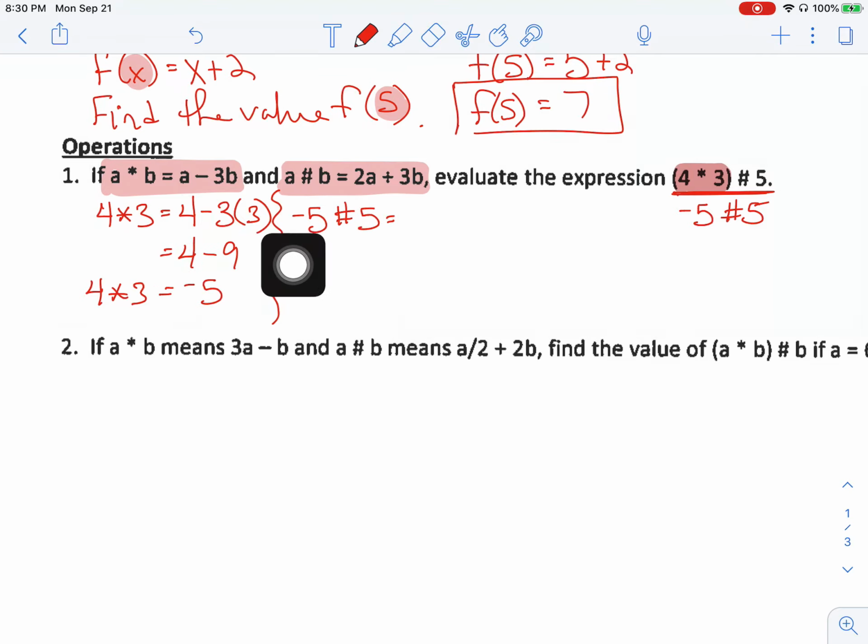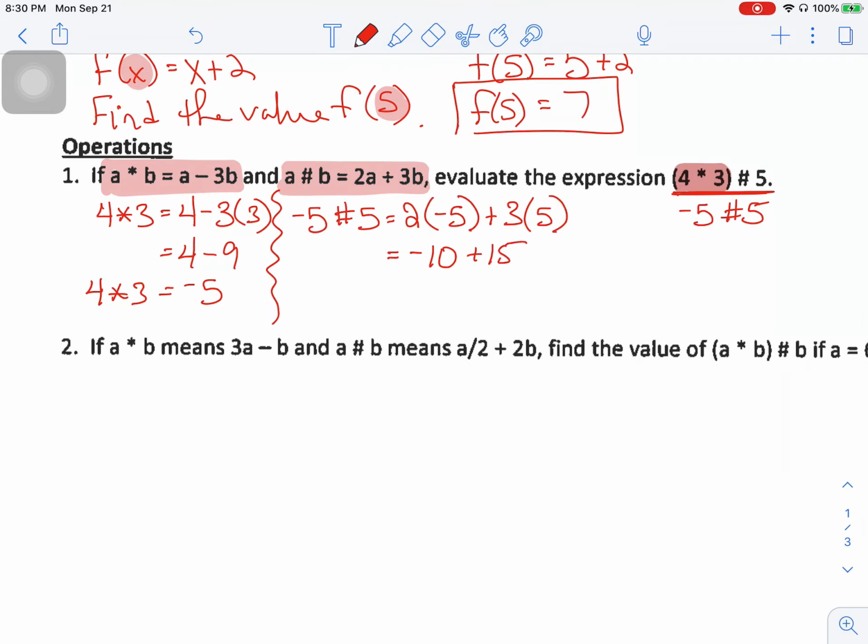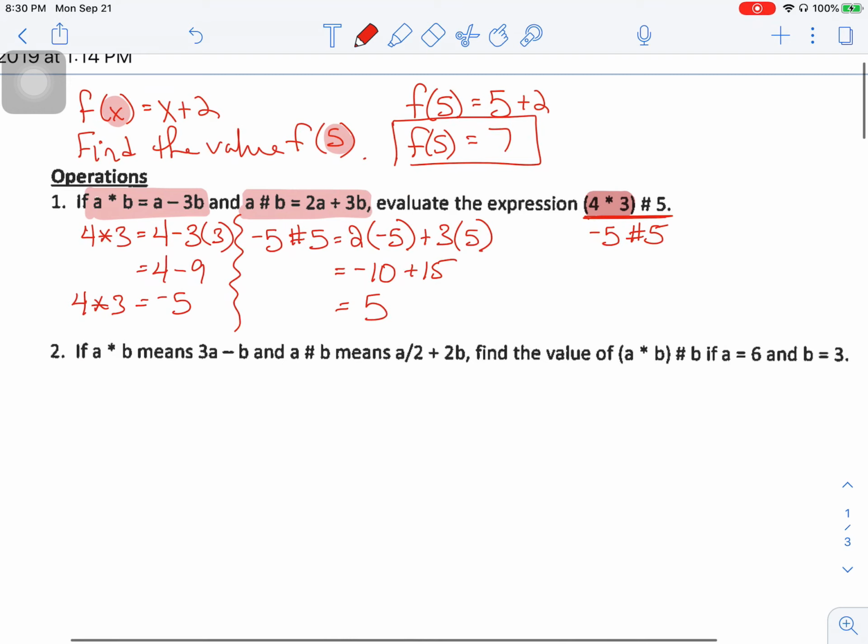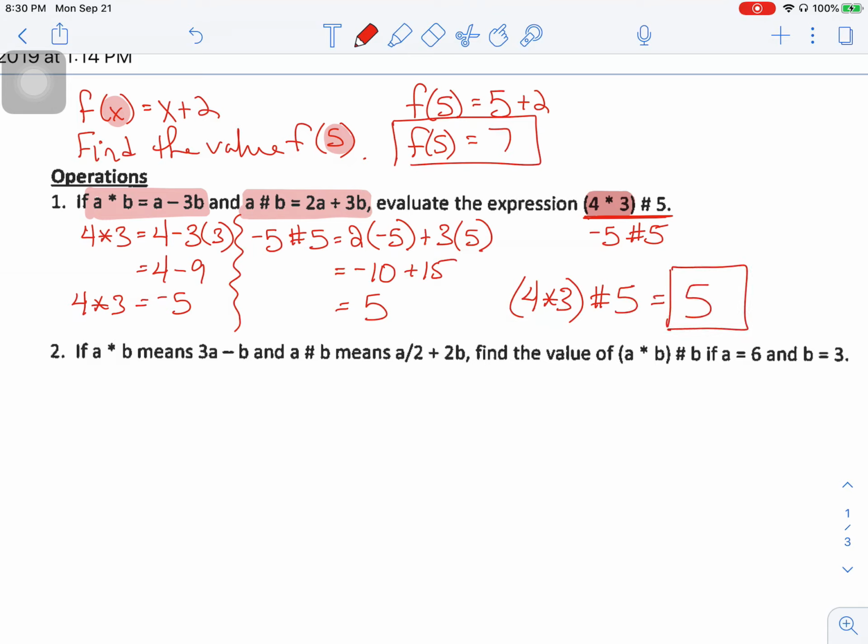So negative 5 comes first, that's your A value here. Positive 5 comes second, that's the B value. So 2 times my A value, negative 5, plus 3 times my B value, 5. So let's see, negative 10 plus 15, so this whole mess turns into 5. All right, so 4 asterisk 3 hashtag 5 is equal to 5 when you use the two operators in this problem.